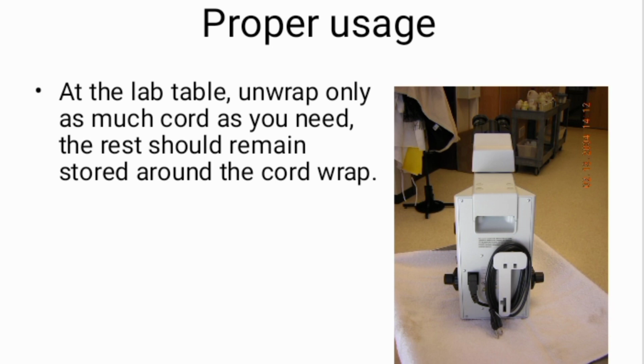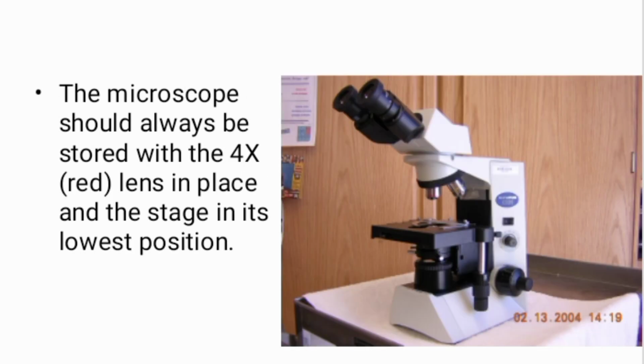Proper usage of the microscope. At the lab table, unwrap only as much cord as you need. The rest should remain stored around the cord wrap. You can see in the slide how the power cord of the microscope is wrapped. This is how you should maintain your microscope. The microscope should always be stored with the 4 times lens in place and the stage in its lowest position.